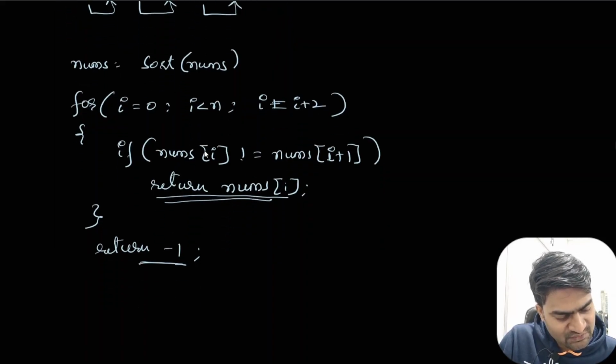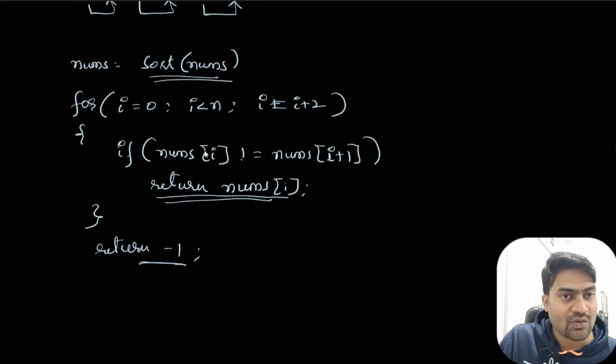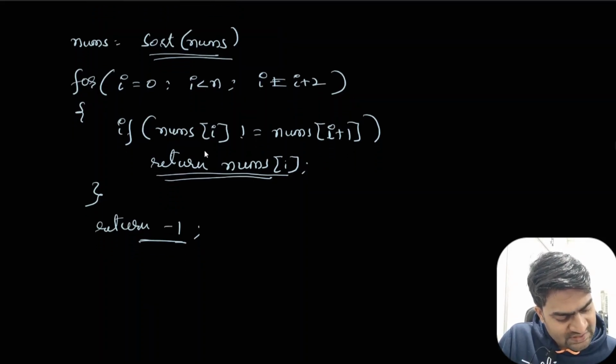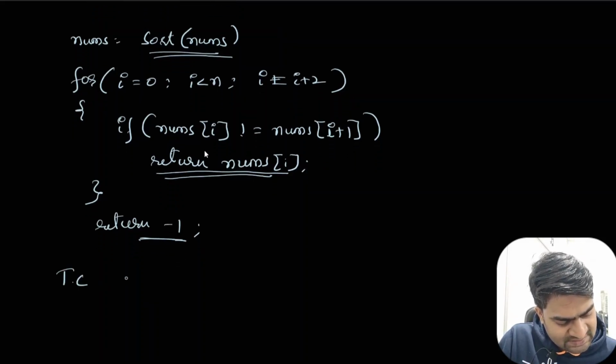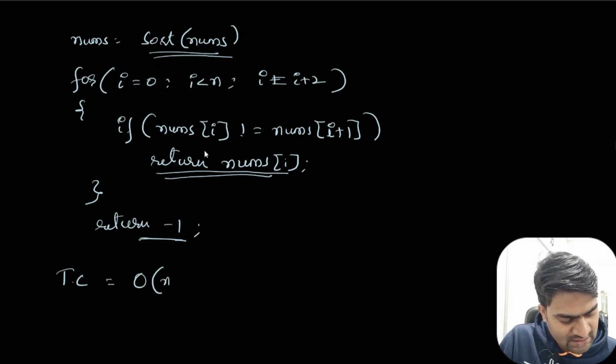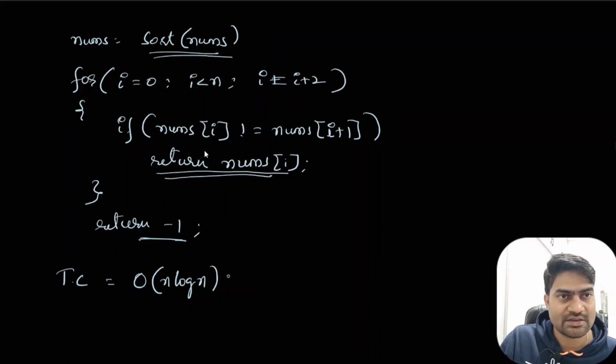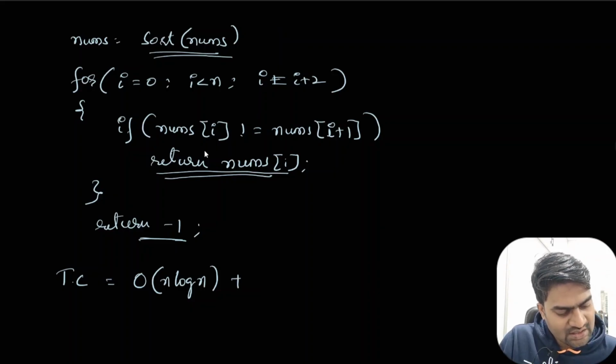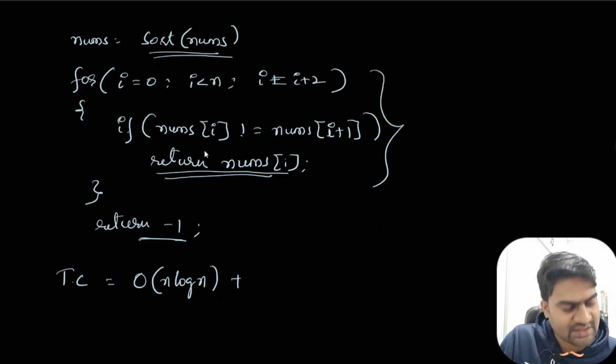So with this, first we are sorting and then we are trying to check each number with the next number. So what is the time complexity here? For sorting, it will be of order n log n. Then we use this for loop which is of order n.